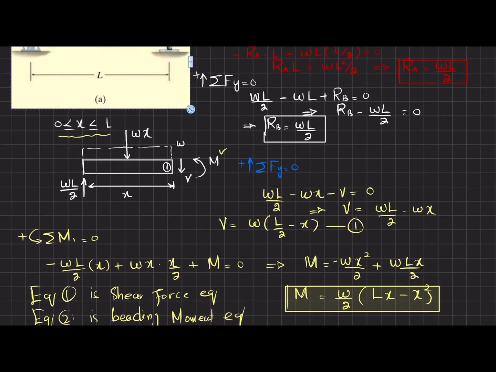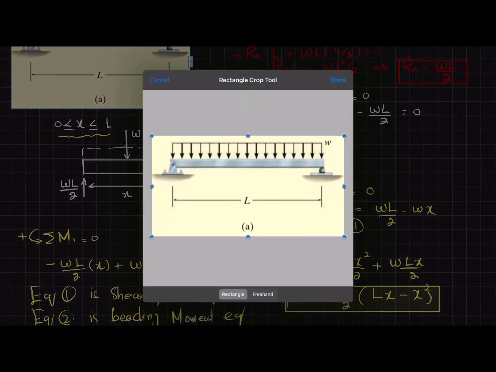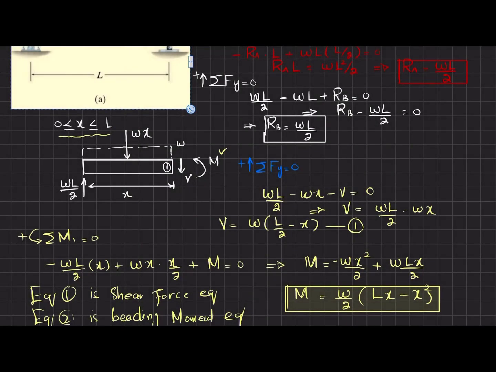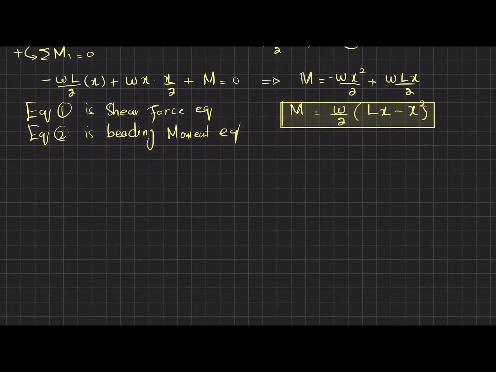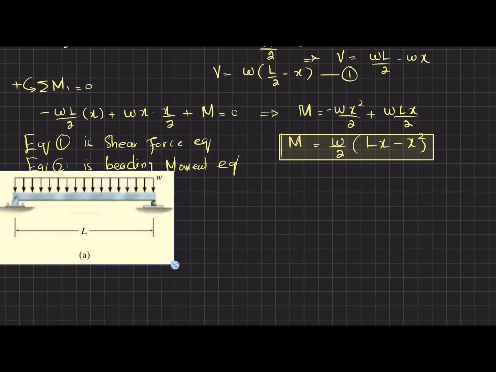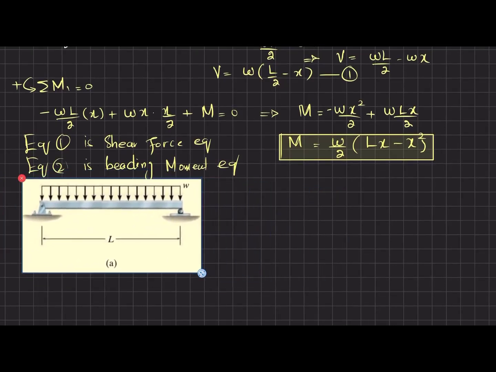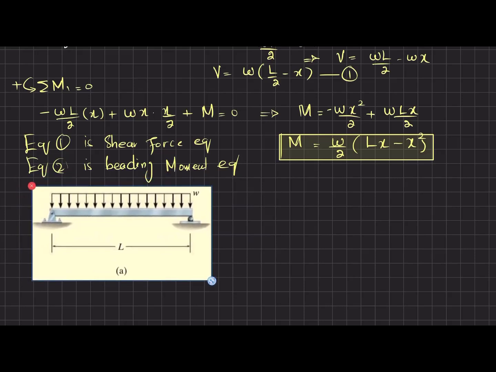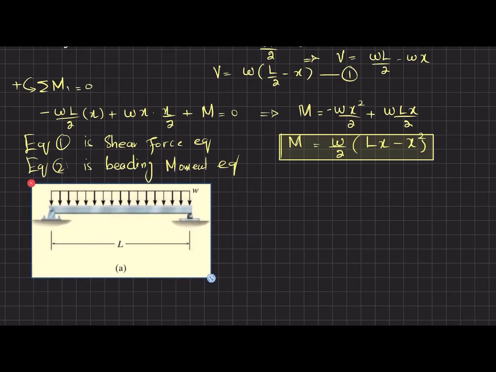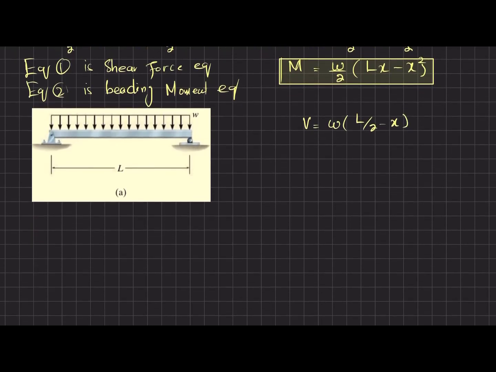I will copy it and paste it over here so that we can easily draw the diagrams. So we'll write equation 1 over here. V is equal to W into L by 2 minus x. So we have both these two equations.